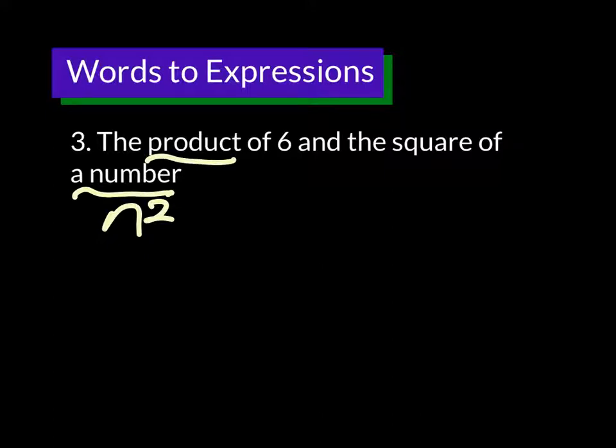So we're going to multiply 6 times n squared. And remember that in algebra, multiplication is the default operation. So we don't have to write anything. We can just put 6n squared. We don't have to indicate the operation between the 6 and the n. We know that means multiply.